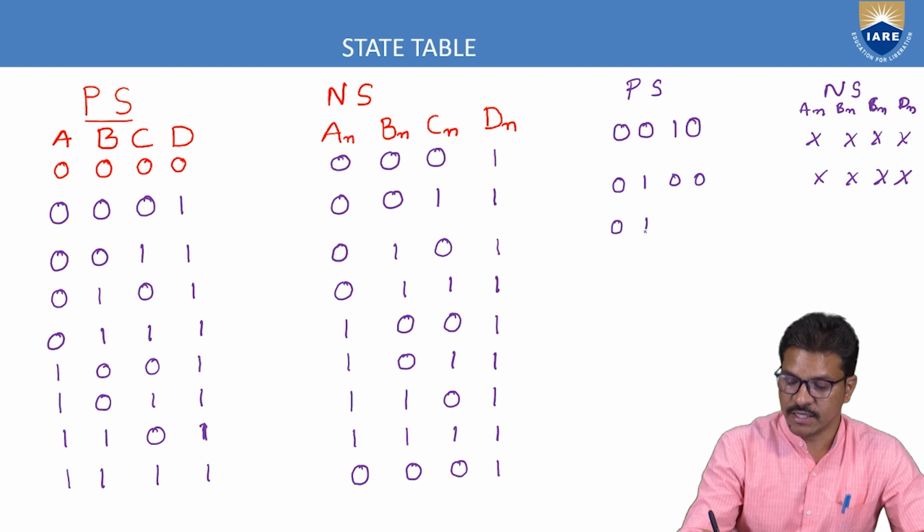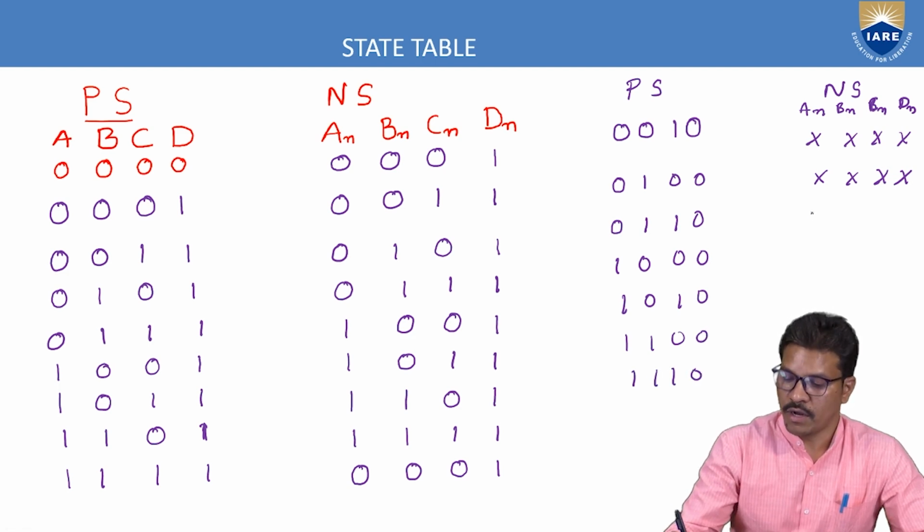For 6, for 8, for 10, for 12, for 14, for all, it will be treated as don't care.